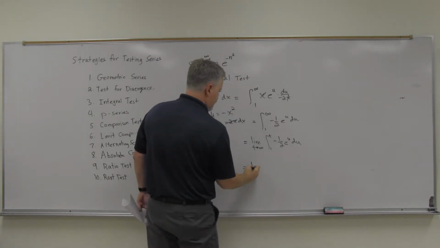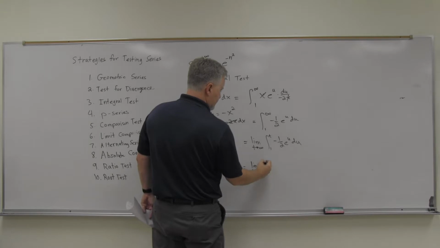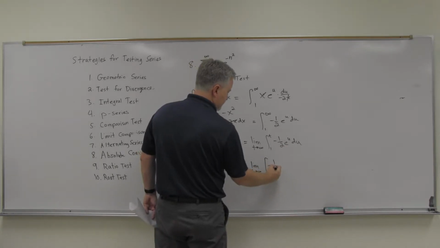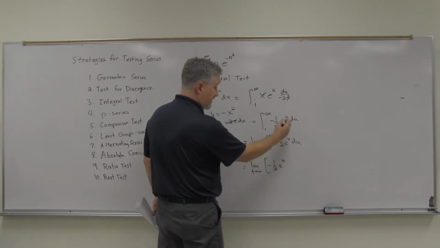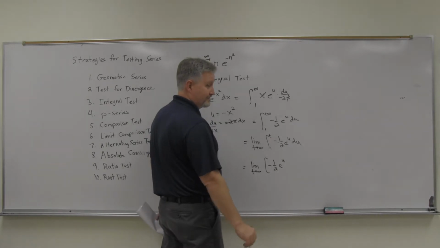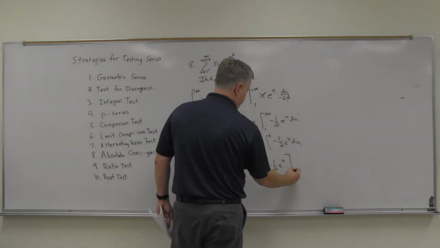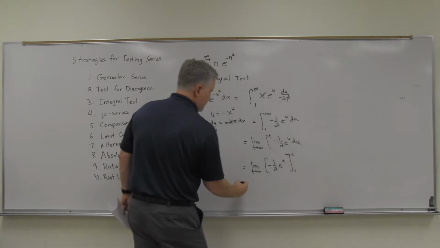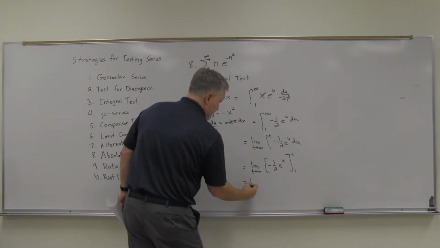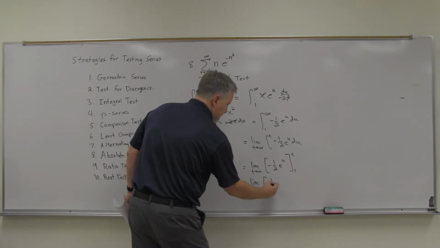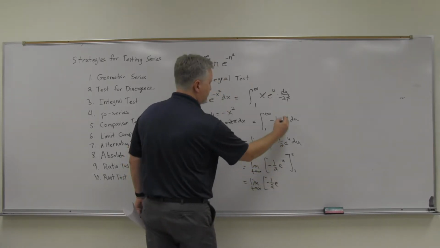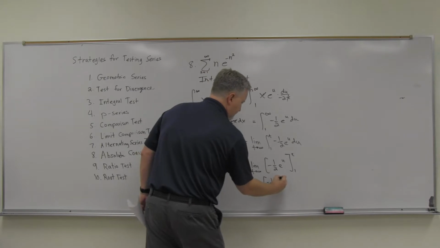Okay, limit as t goes to infinity. Easy integral. The integral is negative 1/2 e to the u, going 1 to t. But I need to make my substitution back in there. u was negative x squared.